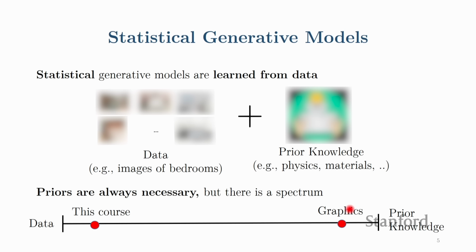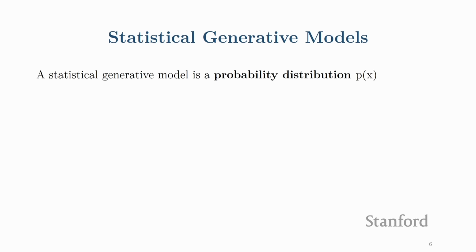Large data sets of images or text, perhaps collected on the internet. And so at a very high level, these generative models are just going to be probability distributions over, let's say, images X or over sequences of text X. And so in that sense, they are statistical. And we're going to be building these models using a combination of data, which you can think of as samples from this probability distribution.